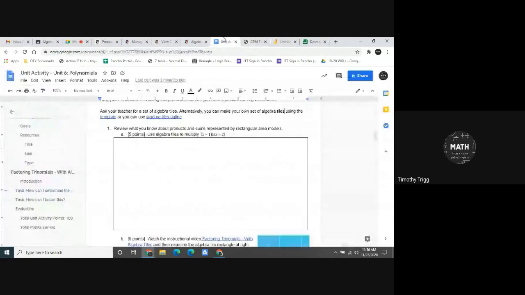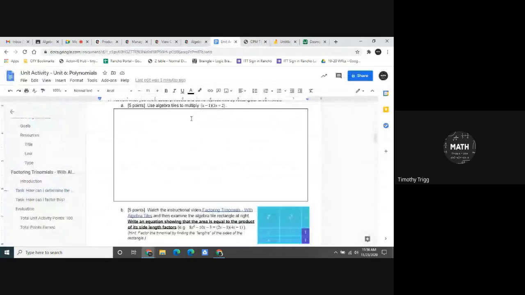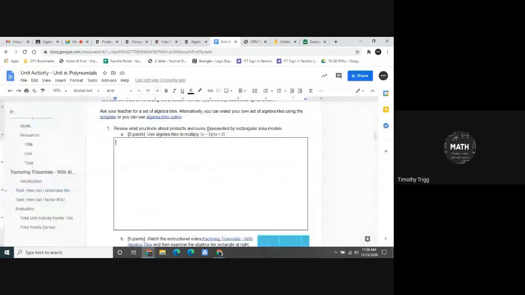But now let's go ahead and start talking about what they're talking about here. So if you notice the first one, it says, review what you know about products and sums represented by rectangular area models.